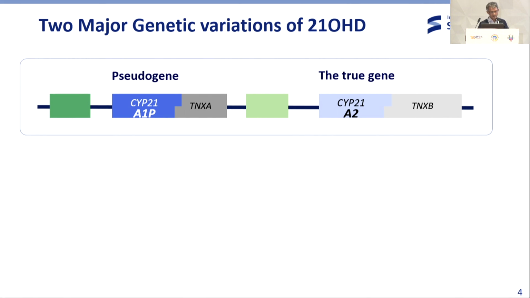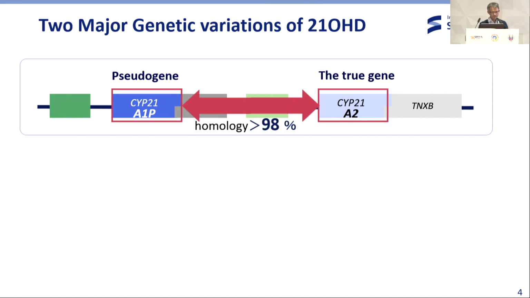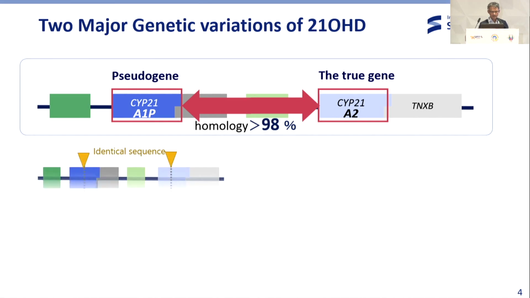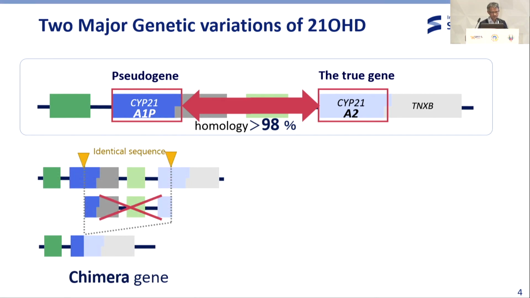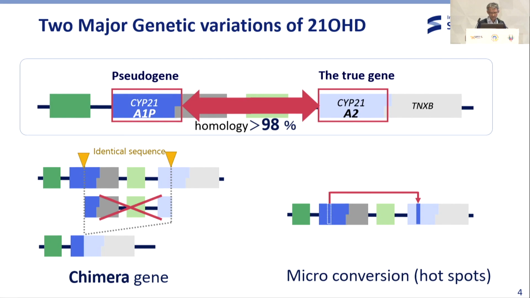Considering the genetic variation of 21-OHD, there are two major variations due to the extreme homology between the pseudogene and the true gene. The first is the chimeric gene, caused by cross recombination between identical sequences, removing 30 kilobases of sequence between the pseudogene and the true gene and making a chimeric gene. The second is microconversion, where the mutation comes from the pseudogene.